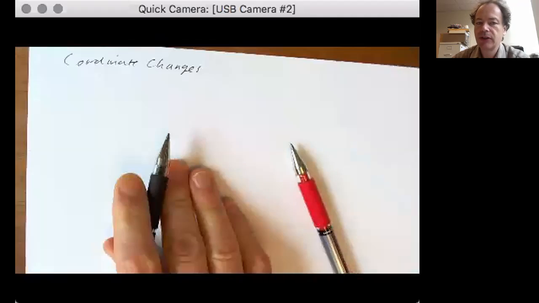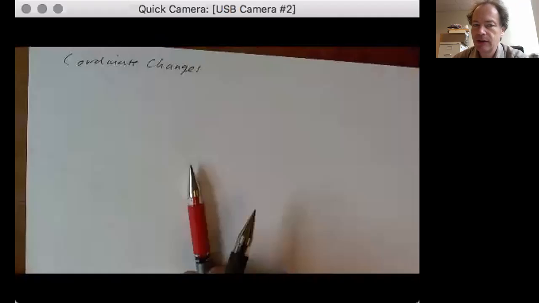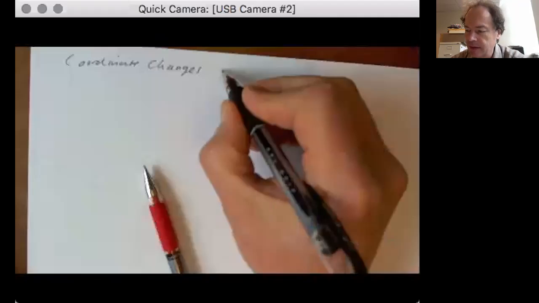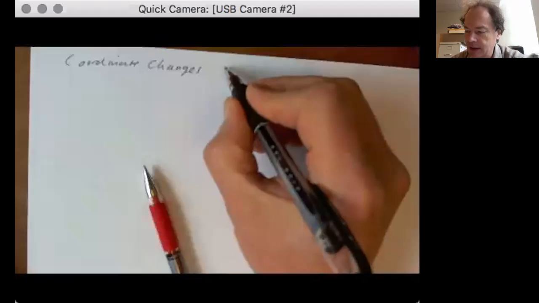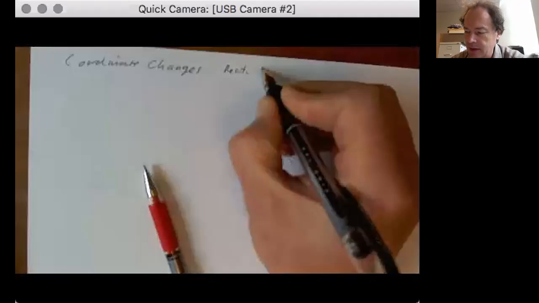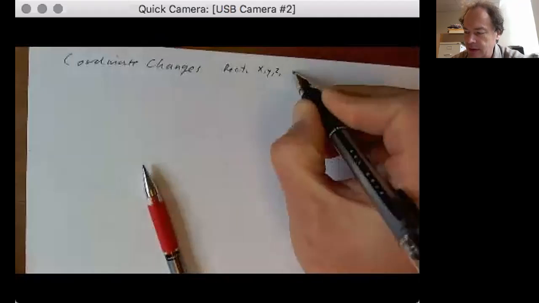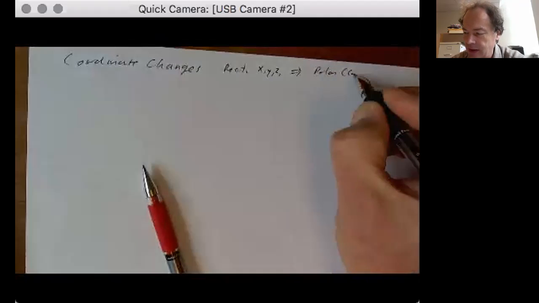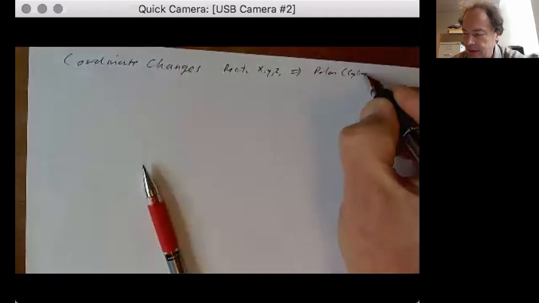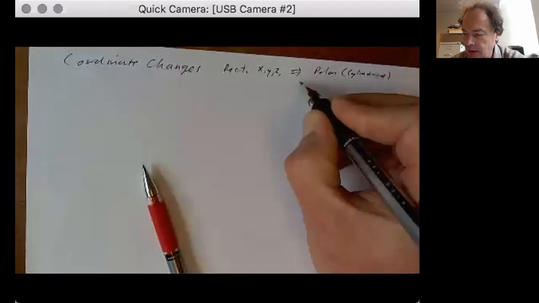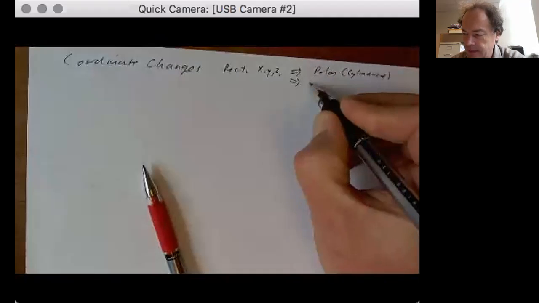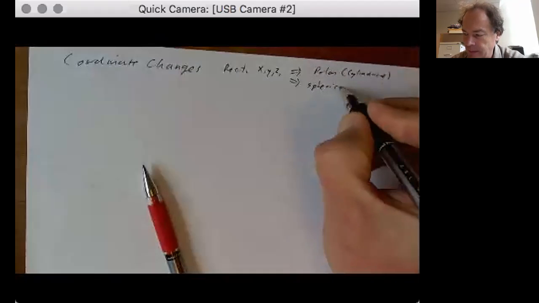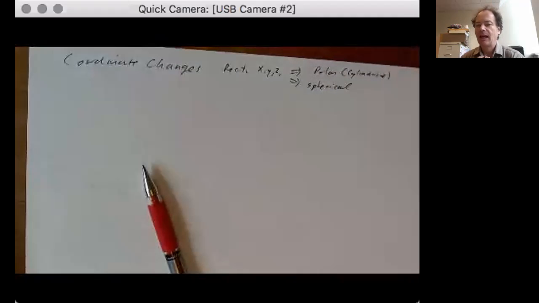If we do coordinate changes, say from rectilinear x, y, z to polar, which is cylindrical in 3D, or to spherical, how do I go about those, and can I say something general about it?